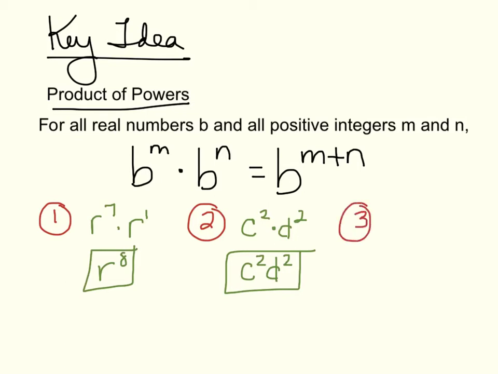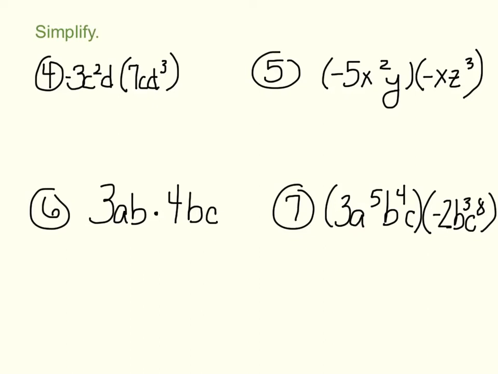Example number 3. a squared times a to the 4th times a. a to the 2nd, a to the 4th, a, all the same base. You just add the powers, you get a to the 7th. The next section, problems 4 through 7, you have quite a few more variables and numbers. To simplify a product of monomials, remember, you're just taking one monomial times another.